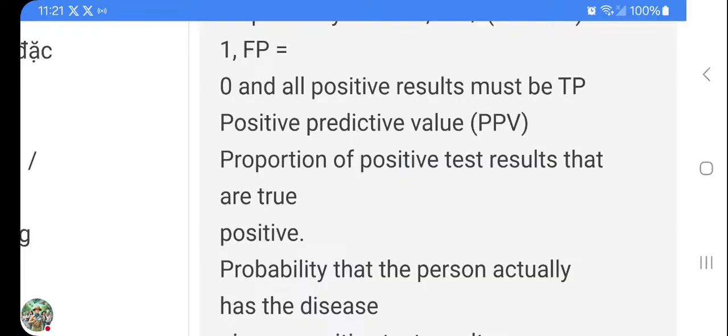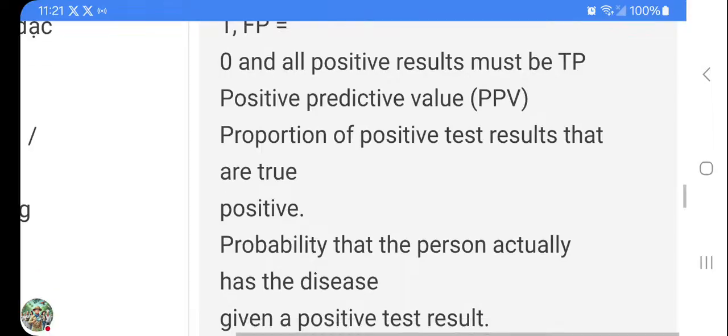If false positive equals 0, no one has a false positive, the test did not make any mistakes, and healthy people are truly healthy. That stands for no false positives, and then totally 100% true negative.